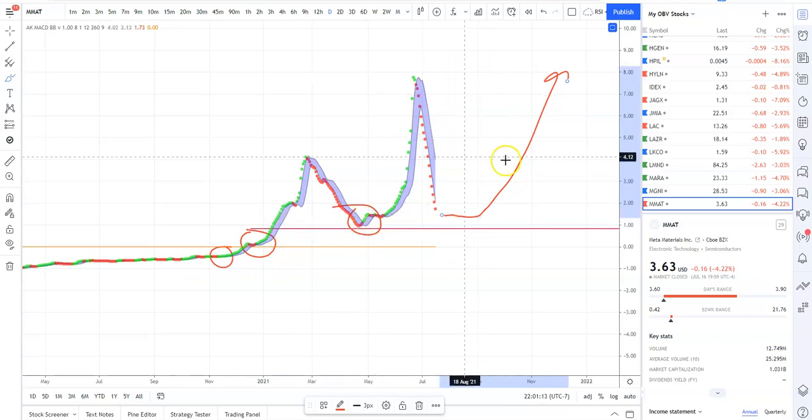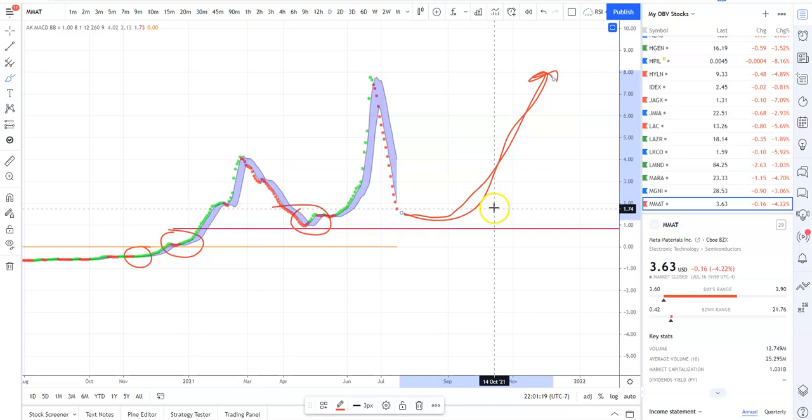If we were to get some sort of a rounded bottom here and have momentum carry back to the upside, it would be a very positive development to me in MMAT. This just looks like a pretty darn exciting setup right now, especially with all the volume that's been coming into the stock. So we're definitely going to want to keep an eye on MMAT.